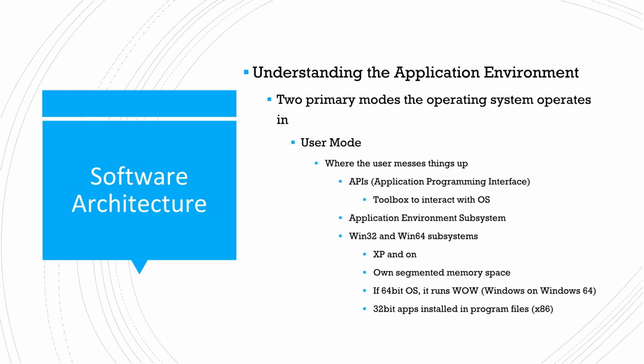We can't completely verify where this software is from, or who wrote it, or whether it's malicious. So what we're going to do is try to segment that. We're going to keep it in its own fenced-in area in the memory, right? To try to keep it from going in and causing problems with the core. So if it's a 64-bit operating system, it runs Windows on Windows 64.